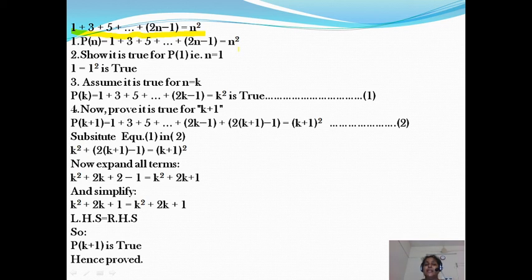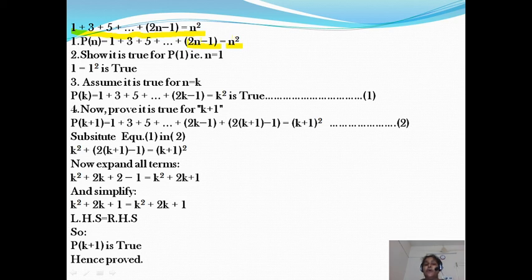In the second step, we must check whether P of 1 is true. What do you mean by P of 1? Put n equal to 1. Where does n come? In LHS, n is coming under 2n minus 1, and in RHS n is coming under n square.